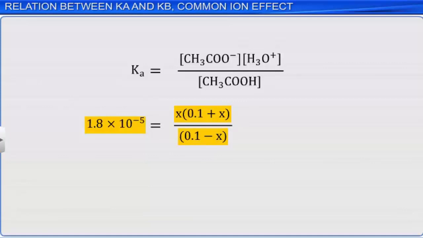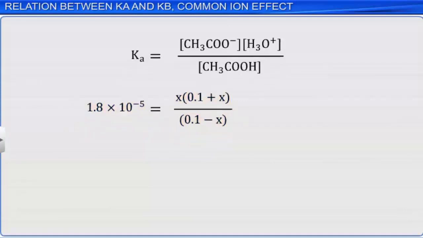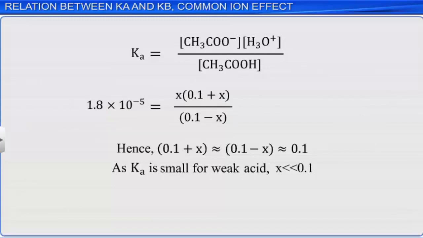As the acid dissociation constant Ka is small for a weak acid, the extent of ionization x can be assumed to be very, very small compared to 0.1 mole. Hence, you can assume that 0.1 plus x is nearly equal to 0.1 minus x, which is nearly equal to 0.1.